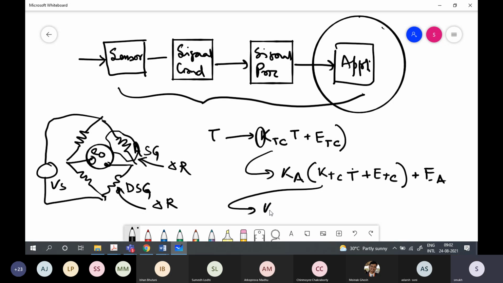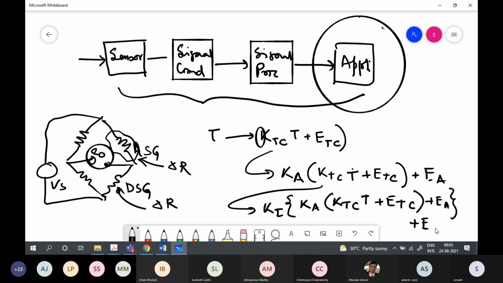So it will be Ki times (Ka times (KTC into T plus ETC) plus EA) plus EI. This will be the final expression.